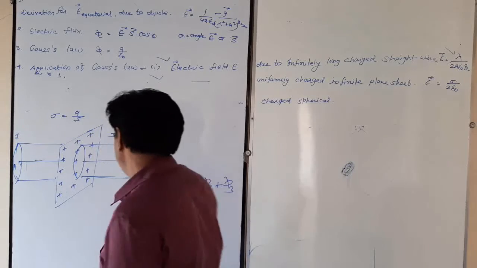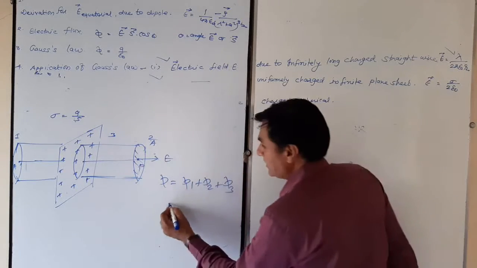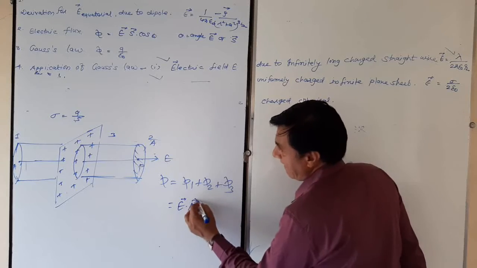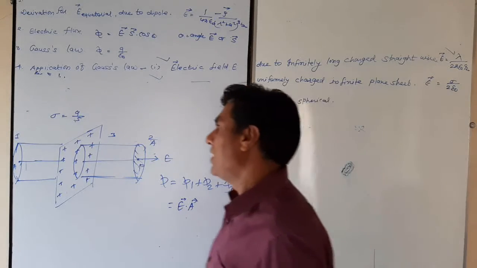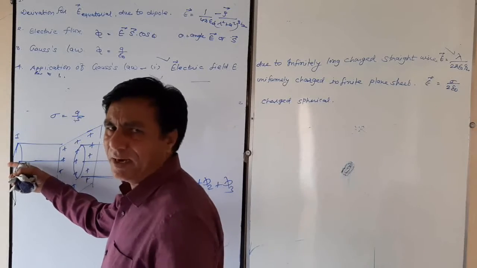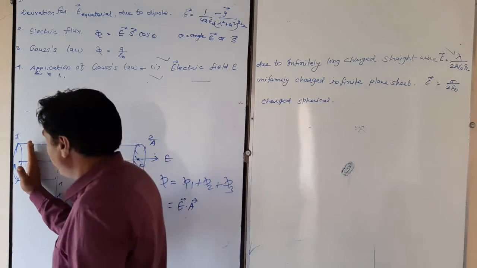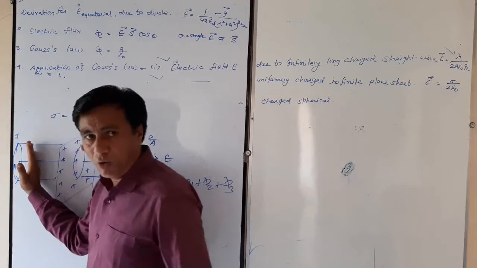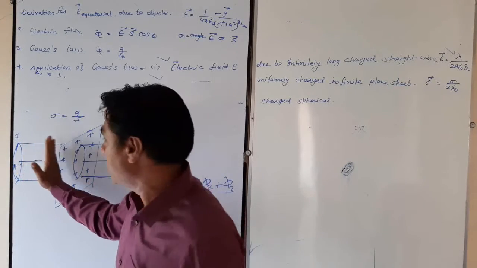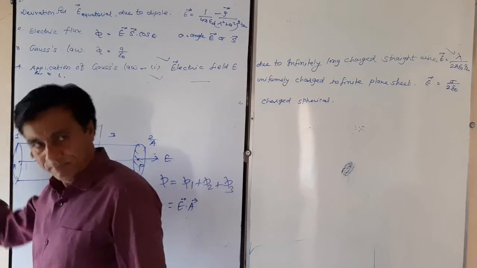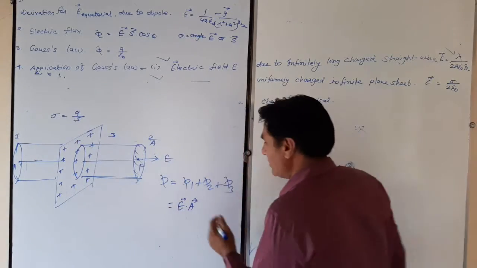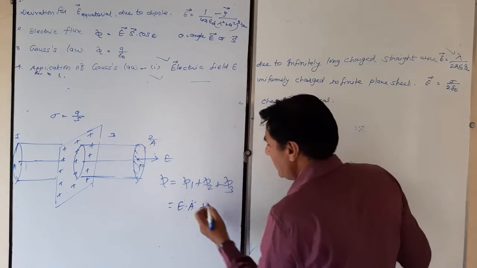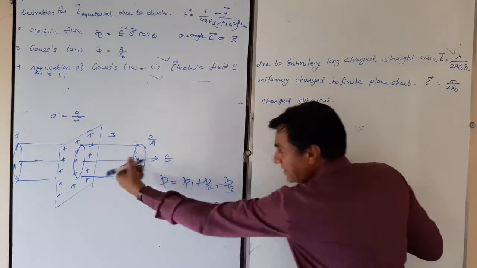Here it is plane number 1, so it is area A. So you can say phi 1 is vector E dot vector A. You can say minus E, but I am taking lines going outward as flux positive. Outward through the surface, flux is taken positive. It is outward, meaning EA cos 0. Cos 0 is 1. Phi 2 is EA cos 0.